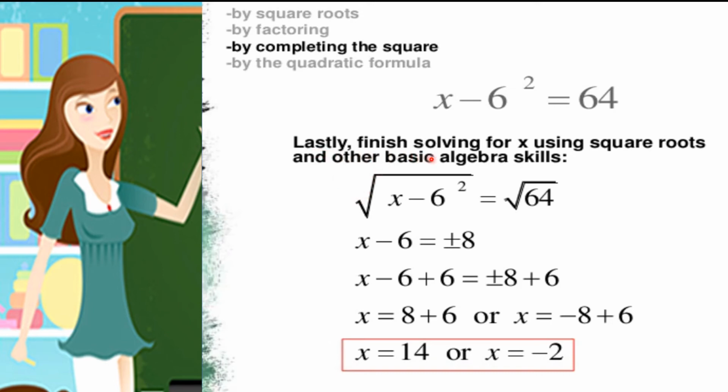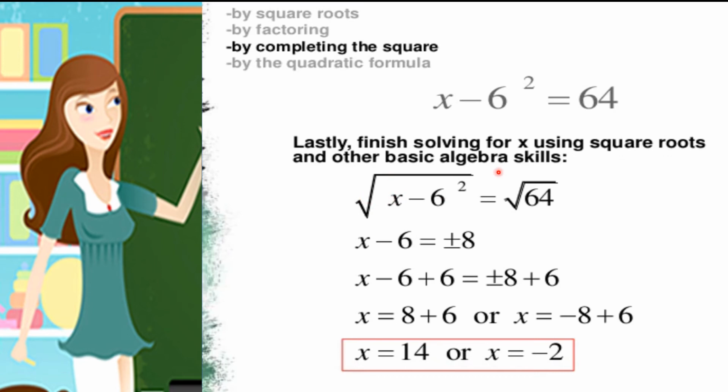Lastly, finish solving for x using square roots and other basic algebra skills. So, ito. Put a radical sign on both sides of the equation. Babalik tayo sa number 1. Yung number 1 natin, square roots. So, yun. Meron ditong parenthesis. Napawi lang.